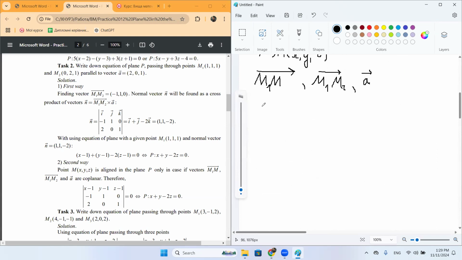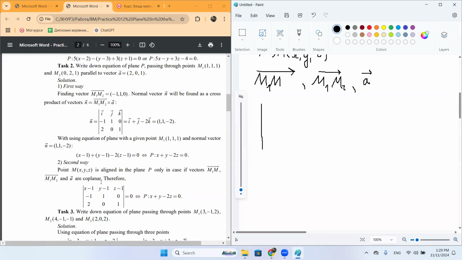How do we come to such an equation? Basically, here is the solution. It will be faster to explain in such a way. You remember, vectors are coplanar if their mixed product is equal to 0.